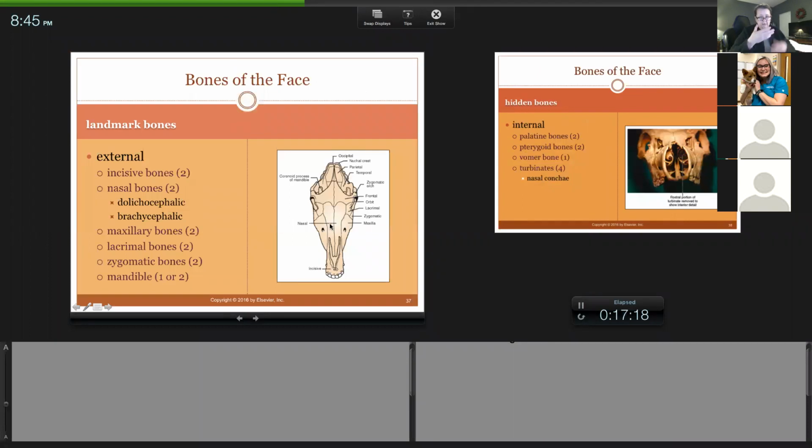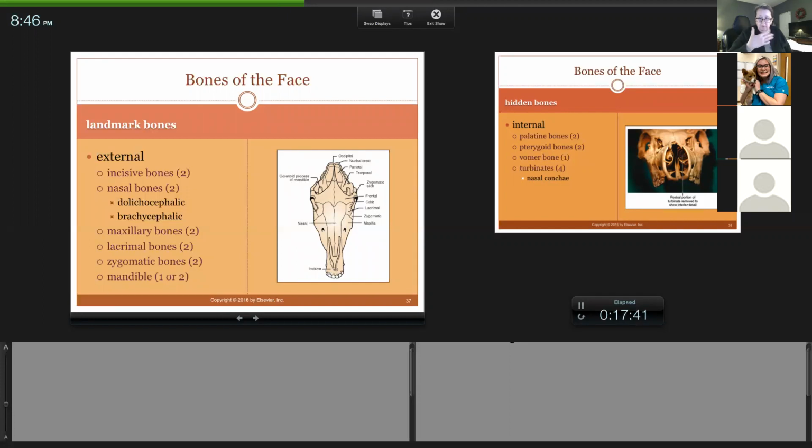And again, I want you to know the difference between dolicho and brachy: brachy is short, dolicho is long. I added mesocephalic, which is kind of the middle, nose breeds in between that. The lacrimal bone is literally right under the orbit, and the lacrimal duct is where tears come from.